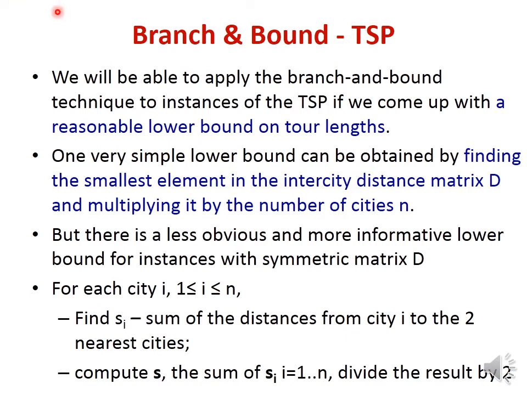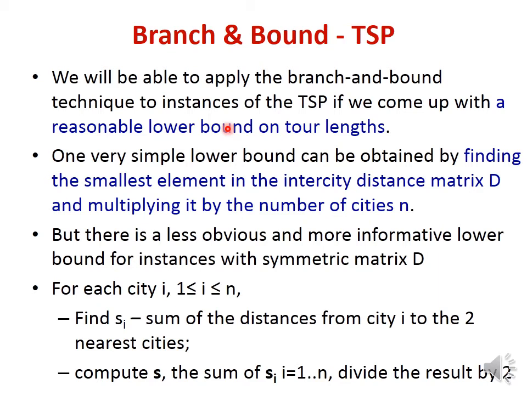We will be able to apply the branch and bound technique to instances of the traveling salesman problem if we come up with a reasonable method for computing the lower bound. This lower bound means that if you expand that particular node, the length of the tour is not less than that lower bound.